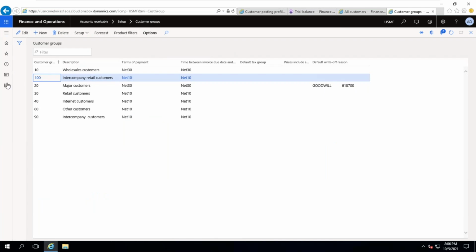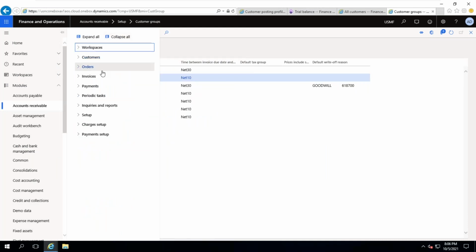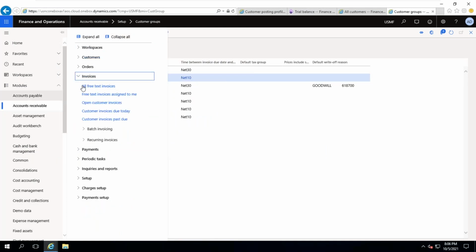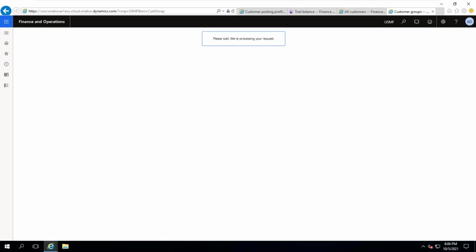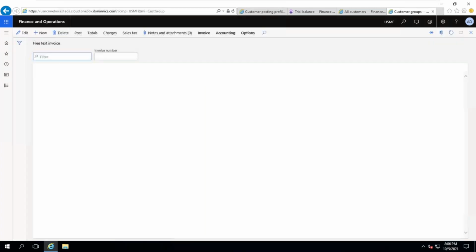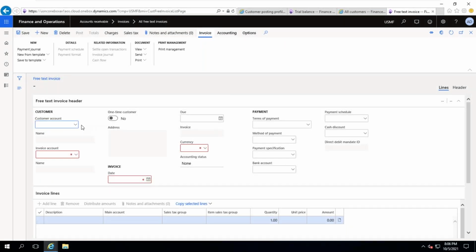So now I'm doing one free text invoice. We learned already how to create free text invoices: accounts receivable, invoices, all free text invoices. I'm creating new. Select the customer 1002.